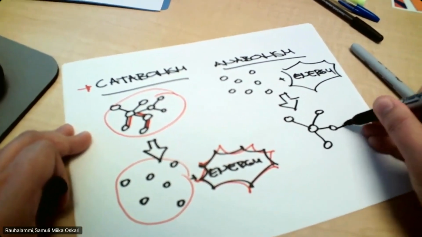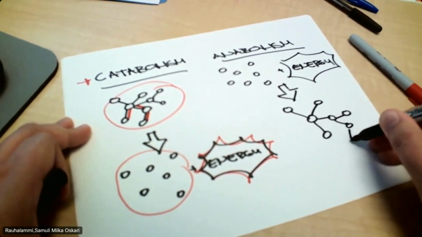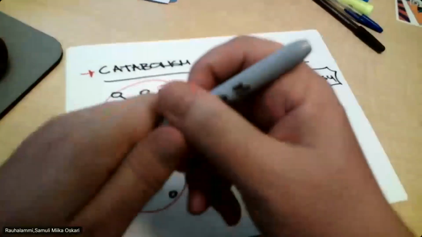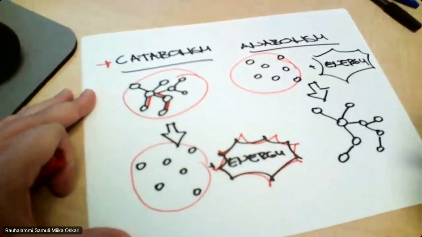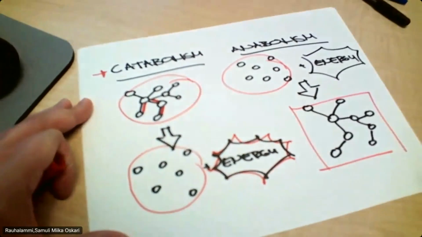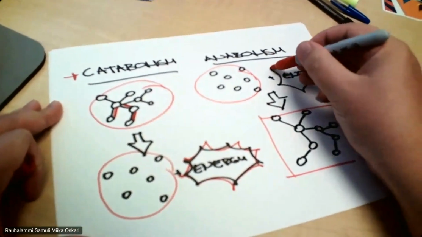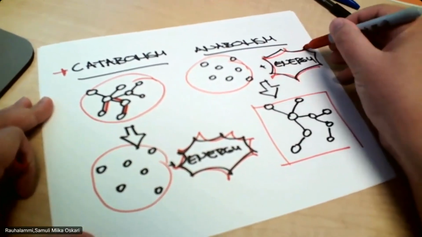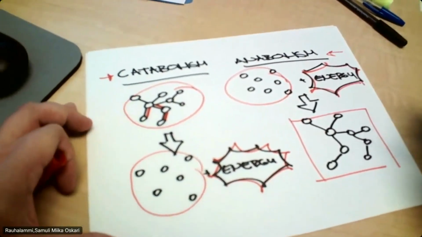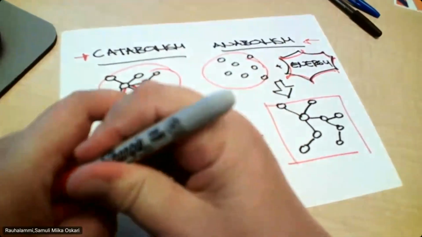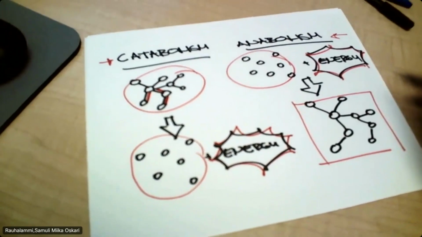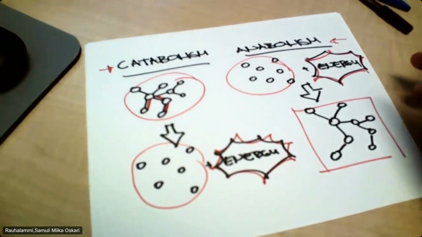So the big take-home message is that taking individual components and putting them together to form something larger, a larger molecule, requires an energy investment from us. And that's what we know as an anabolic reaction. I hope that helped to clarify those two terms and concepts.